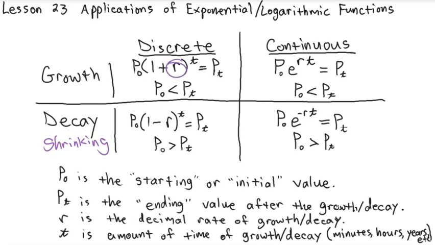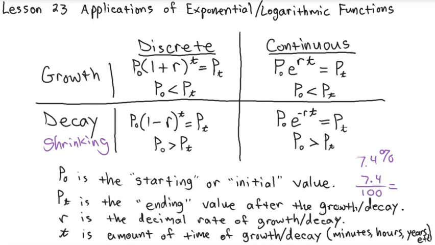And then the r is the decimal rate of growth or decay. Okay, so in this case, it's the decimal rate of growth. So oftentimes it's a percentage, but it's turned into a decimal value. So like if it's 7.4%, it's turned into 0.074. And the way we turn a percentage into a decimal is we take the percentage and divide it by 100.